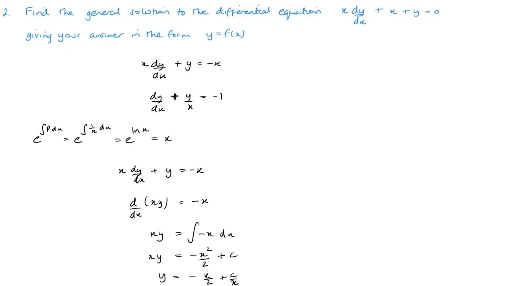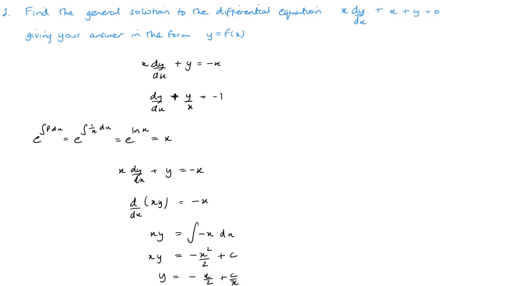So that's y equals minus x over 2 plus c over x, because we divided by x there. Just saying x over 2 and then I just said over 2 again. Don't know what was going on in my head, but that's a nice straightforward question.